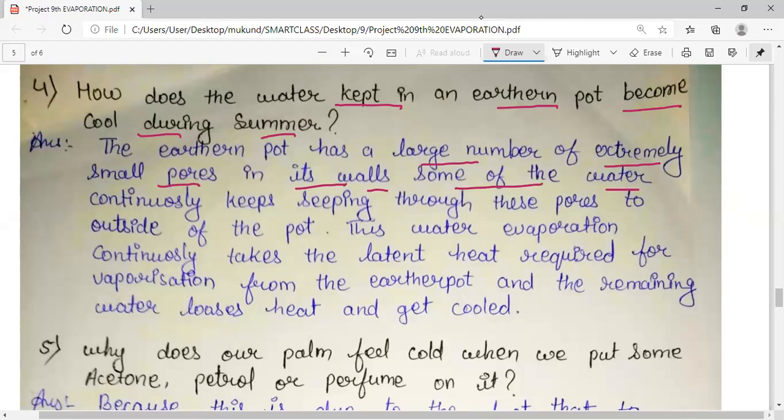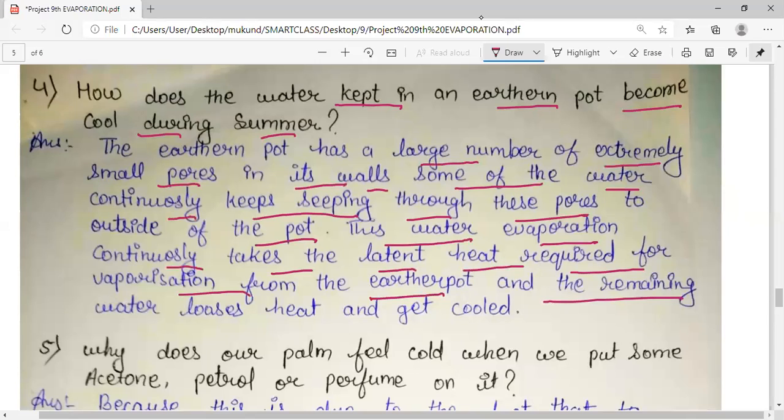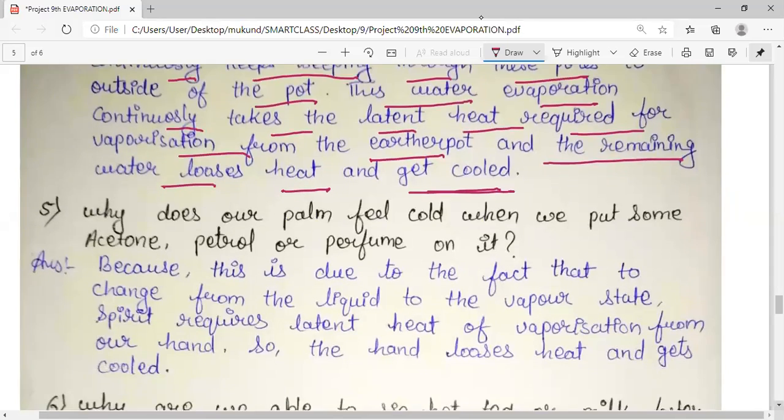Some of the water continuously keeps seeping through these pores to the outside of the pot. This water evaporation continuously takes place, and thus the latent heat required for vaporization is taken from the earthen pot and the remaining water, which loses heat and gets cool. So now it is easy for you to understand this.